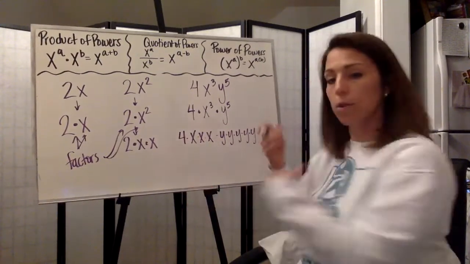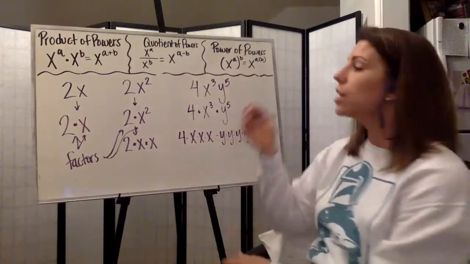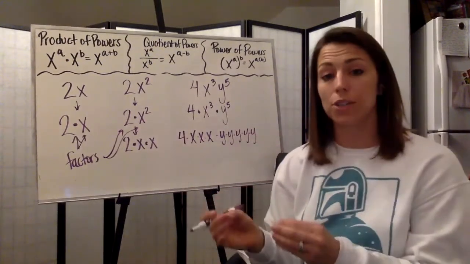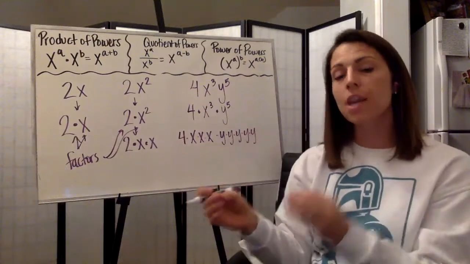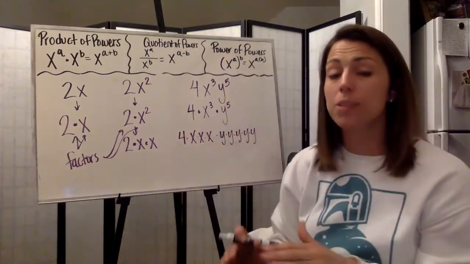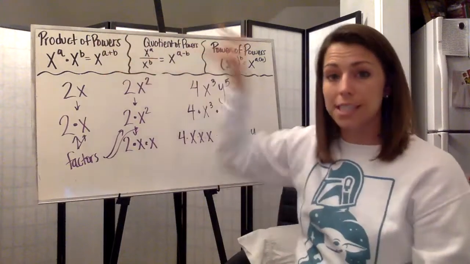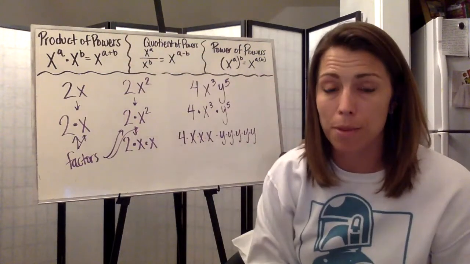I don't know why you would ever want to do that, but you could. So what's important to understand is that coefficients are factors. They're parts of the product, but not necessarily parts of the power. So when we start to go into applying these properties, it's really, really important that you remember that.